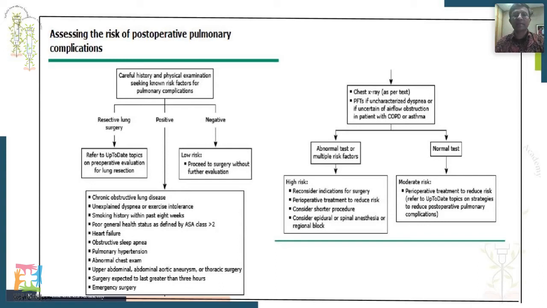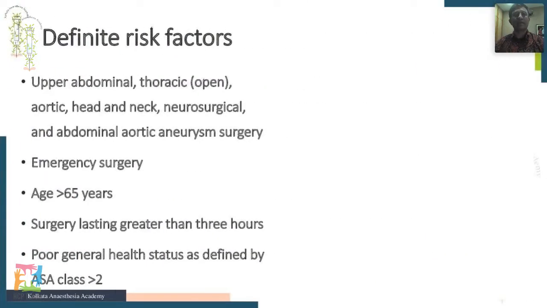If it is high risk, the ones that are above 42%, then reconsider the indication for surgery. Think of possibly a less invasive surgery, because you have a very high chance of developing a significant postoperative pulmonary complication. So I think this is an easy algorithm to incorporate in your clinical practice.